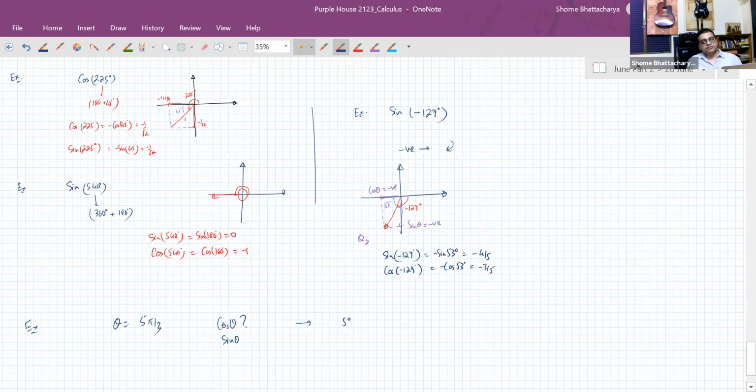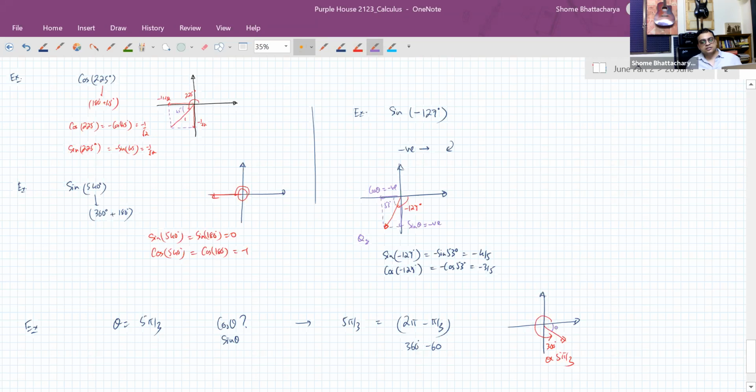Just understand that 5 pi by 3 is equal to 2 pi minus pi by 3, or basically 360 minus 60, or 300 degrees. So I'm talking about this kind of rotation, somewhere here, where this angle is 300 degrees or 5 pi by 3.